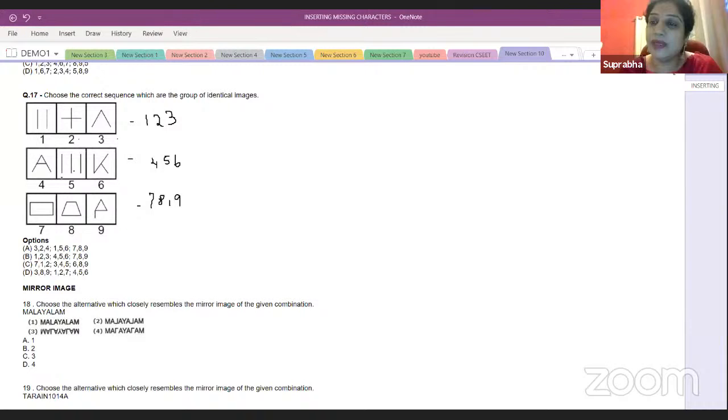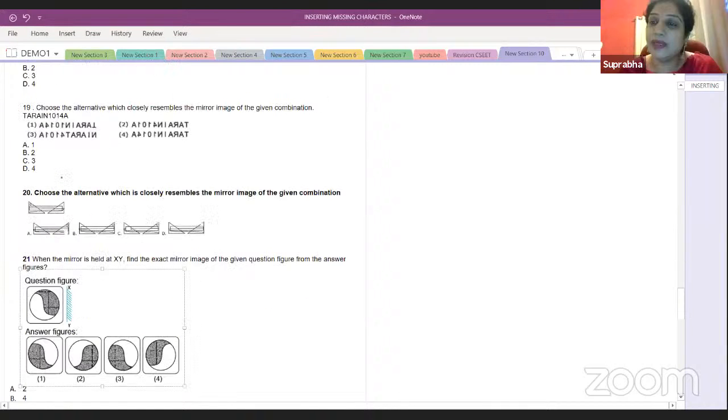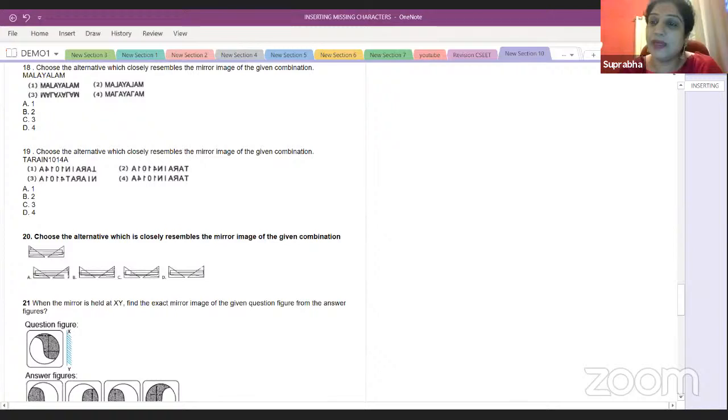So this is done. We are moving to mirror image. Before I go to the mirror image, I would like to refresh your memory. When you attempt any kind of mirror image, always remember that when you look at an alphabet or a picture, the mirror image doesn't go upside down. The mirror image goes from right to left.